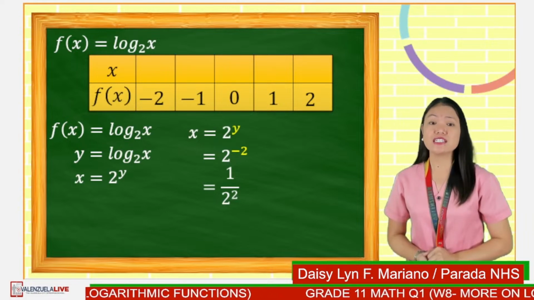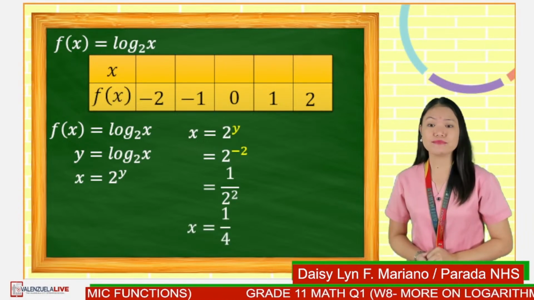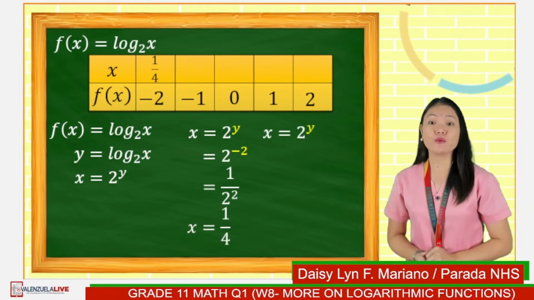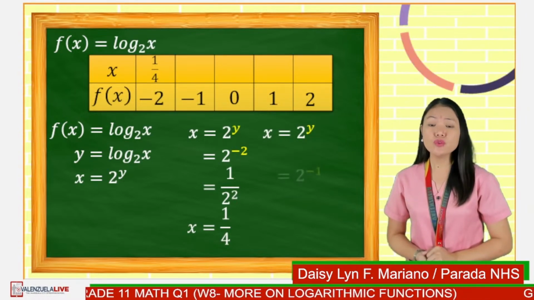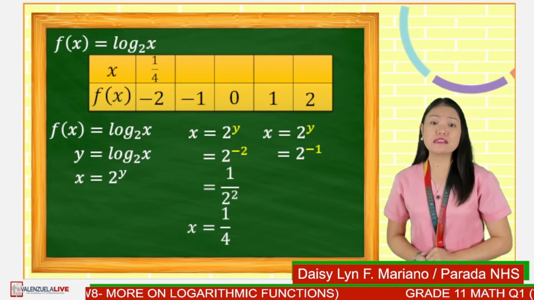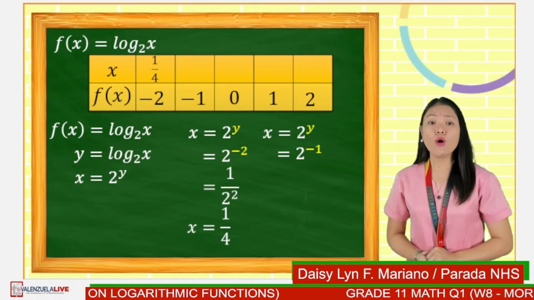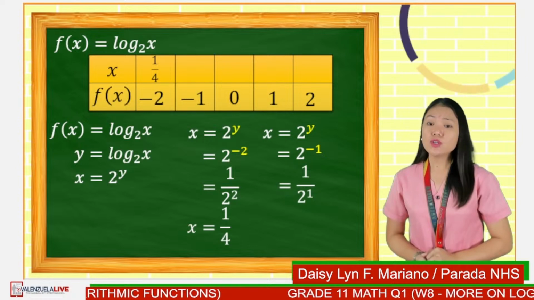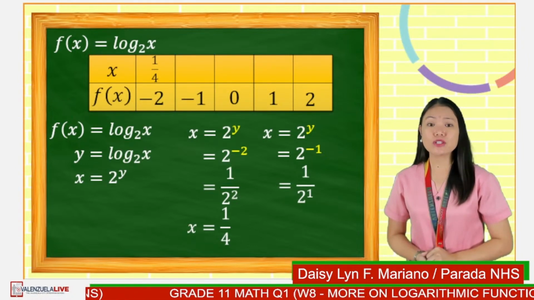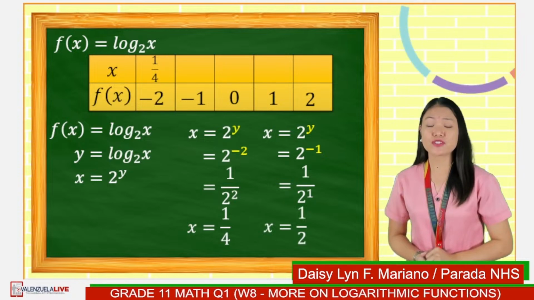So this is equal to 1 over 4. Next, let us substitute negative 1 to the variable y, and we will have 2 raised to negative 1. By laws of exponents, this is similar to 1 over 2 raised to 1. 2 raised to 1 is 2. So x is equal to 1/2 is the final answer.